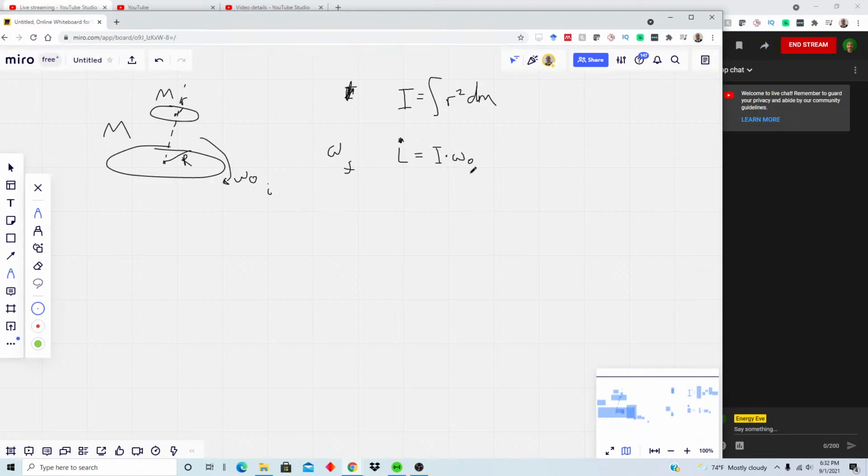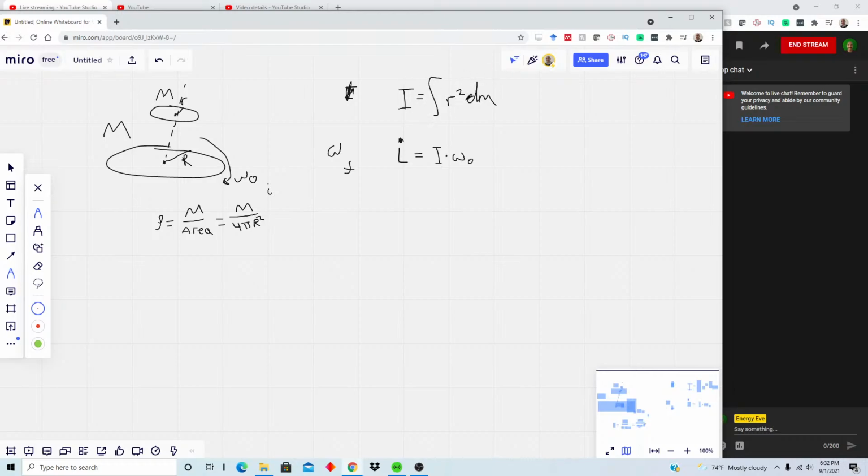If we have a uniform mass density on this, the density is going to be equal to big M divided by the area, which would be pi big R squared.